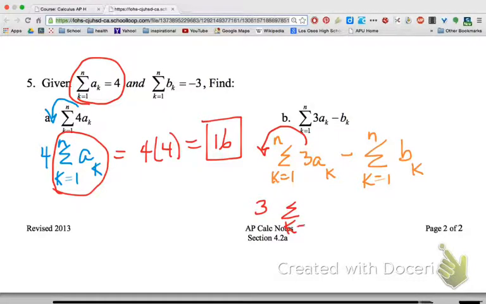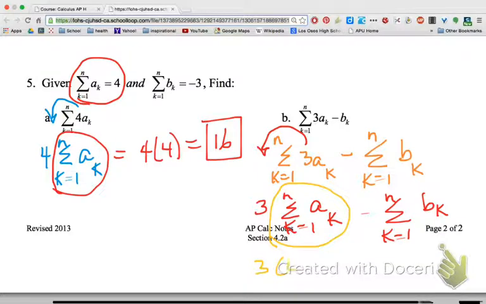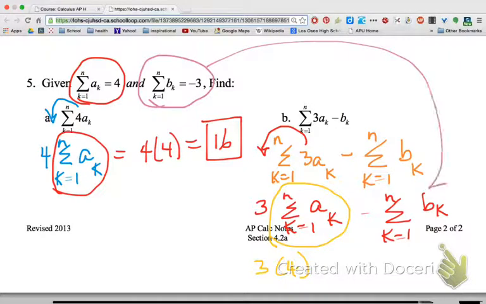And then we'll have to see, I wonder if I know anything about this back part. Oh, wait, I think I do. Let's see. That's right. I know this piece is 4. And now when I go back to the given, I look and I say, wait a second. Isn't that piece right there? So I'd have minus a negative 3, which gives me a grand total of 15. Those are kind of fun.